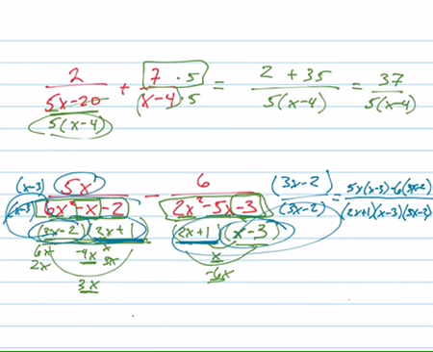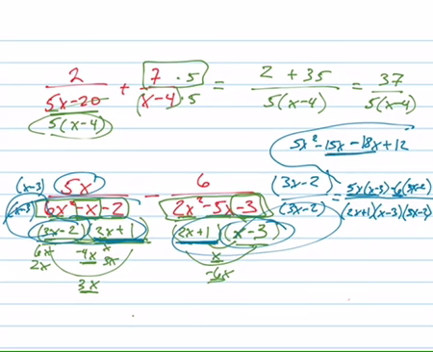And now let's simplify that right there. I'm going to do it above right here. This right here is 5x squared minus 15x. And this here, be careful with that negative. Make sure you distribute that negative in. It's negative 18x plus 12.